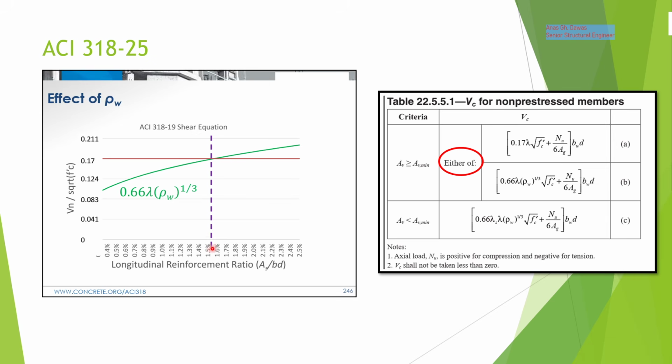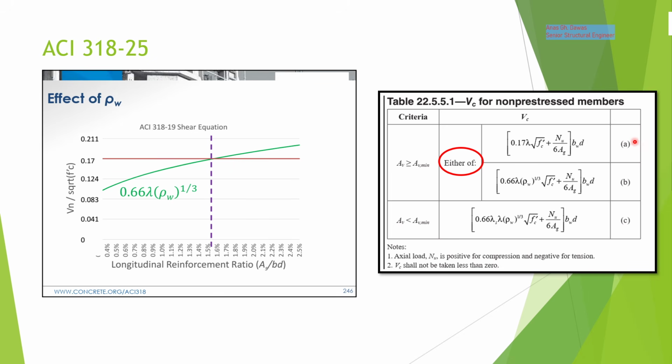So if you would like to take the benefit of the additional strength using equation B, the minimum steel ratio in the section shall not be less than 1.5%. In fact, 1.5% is a high percentage of reinforcement, especially for beams or for slabs.